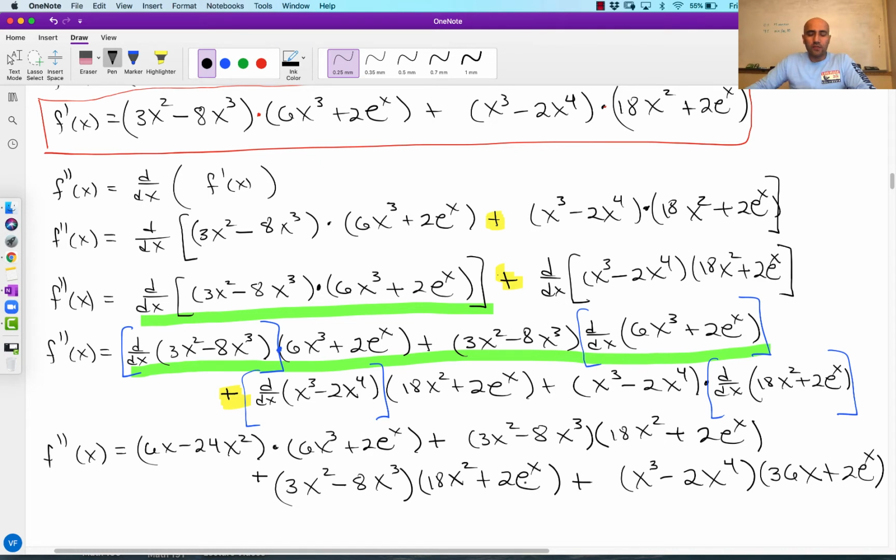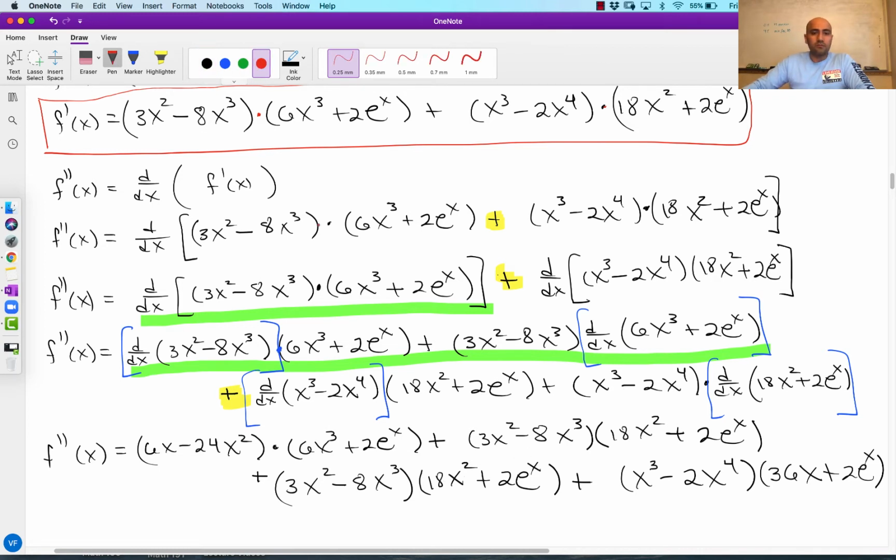Well, this term and this term are the same, which would bring these two together. So we have four terms. We have this product here, and then this product here. Notice that these middle two turn out to be exactly the same: 3x squared minus 8x cubed times 18x squared plus 2e to the x.